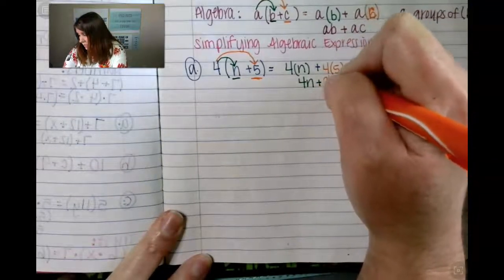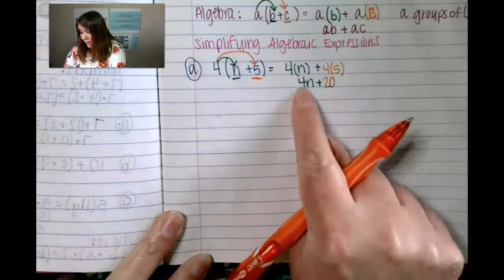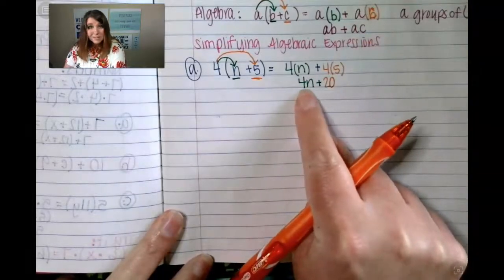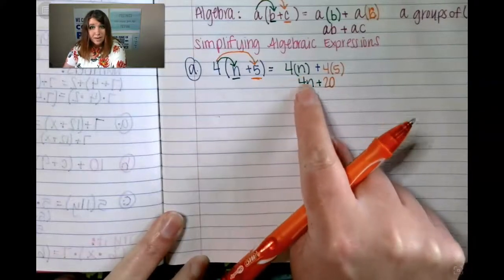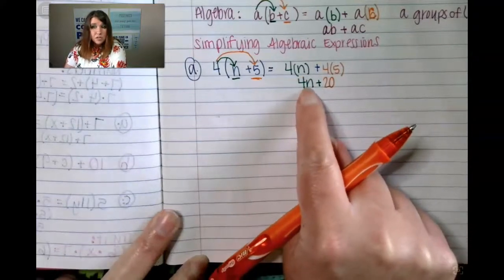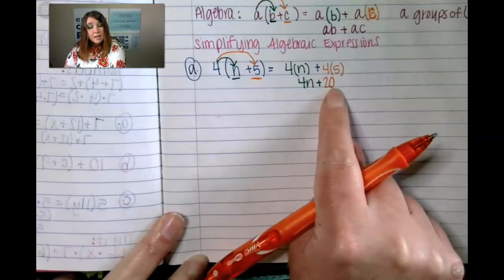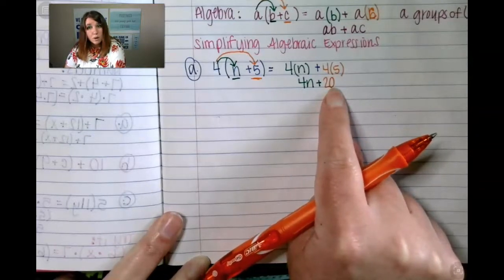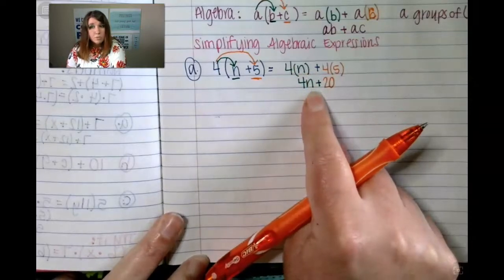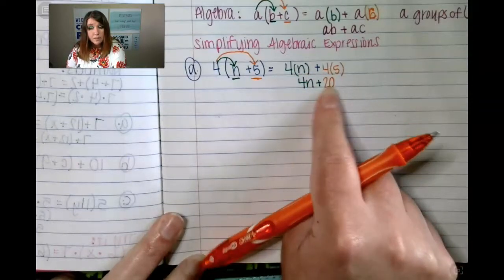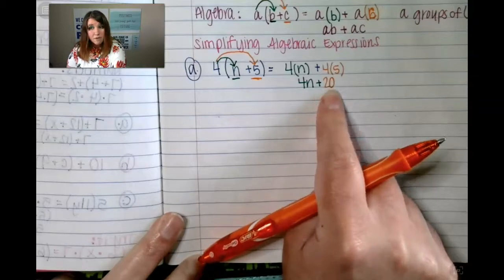I can't combine those together because 4n is 4n, right? 4 groups of n. That's as far as those can go together. But this, I can put those together and get 20. We don't know what n is, so we're not going to do anything with it. There we go. That's what we have.